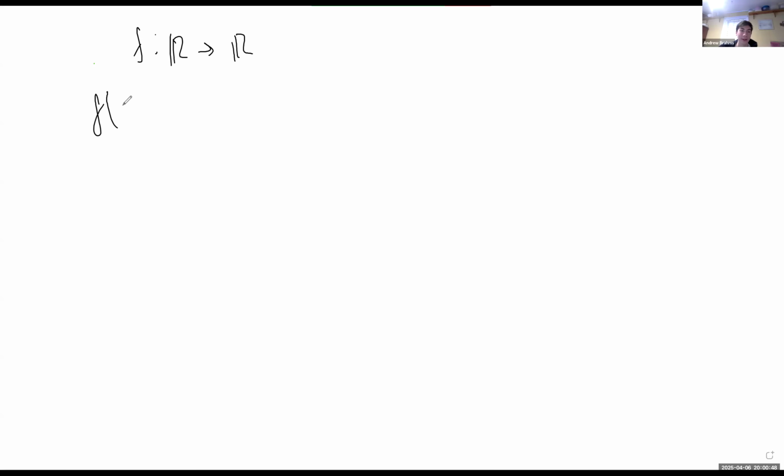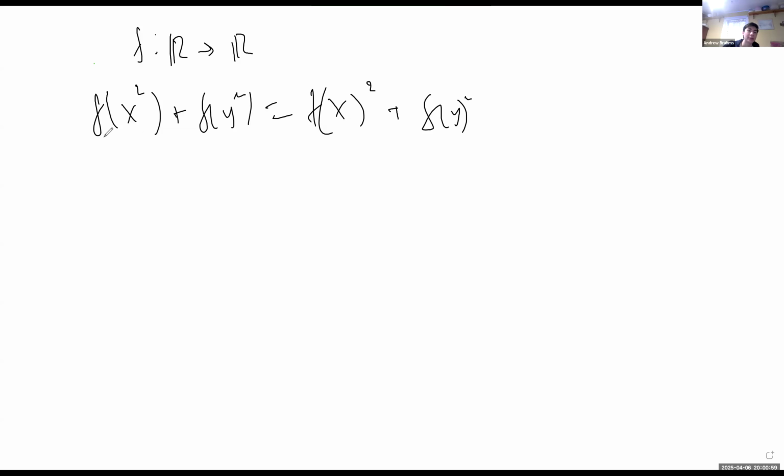For example, f of x squared plus f of y squared equals f of x squared plus f of y squared or something like that. And the way that you solve it is by plugging in specific values of x and y and trying to exploit properties of this equation in order to figure out what f is for all values of x and y.